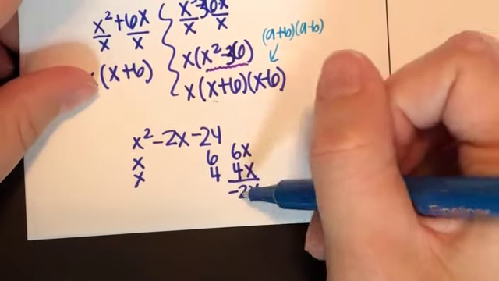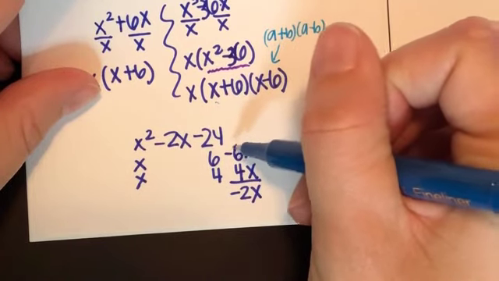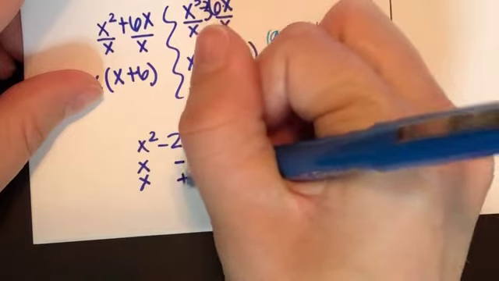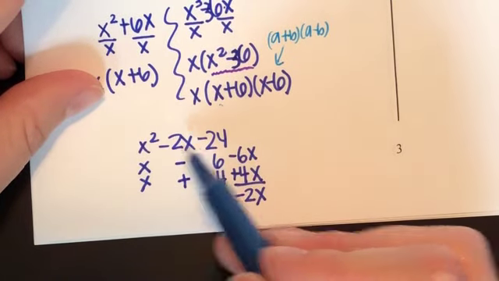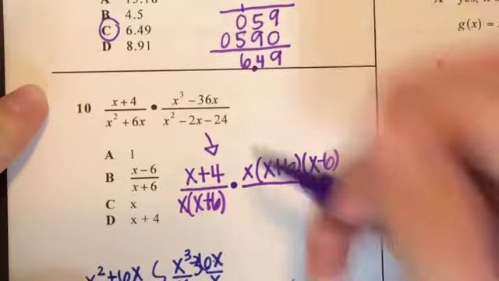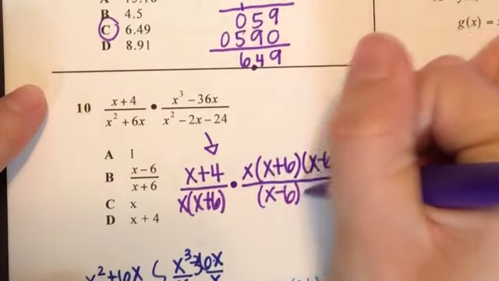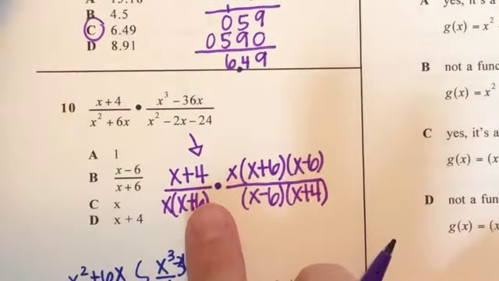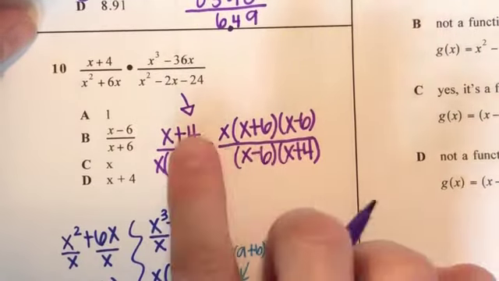So in order to add up to get to negative 2, the negative needs to go with the 6, positive 4. Carry over the negative, carry over the positive. So to factor this trinomial, I get x minus 6 and x plus 4. So I'm going to write that here. And this is how I would factor both of those fractions completely.